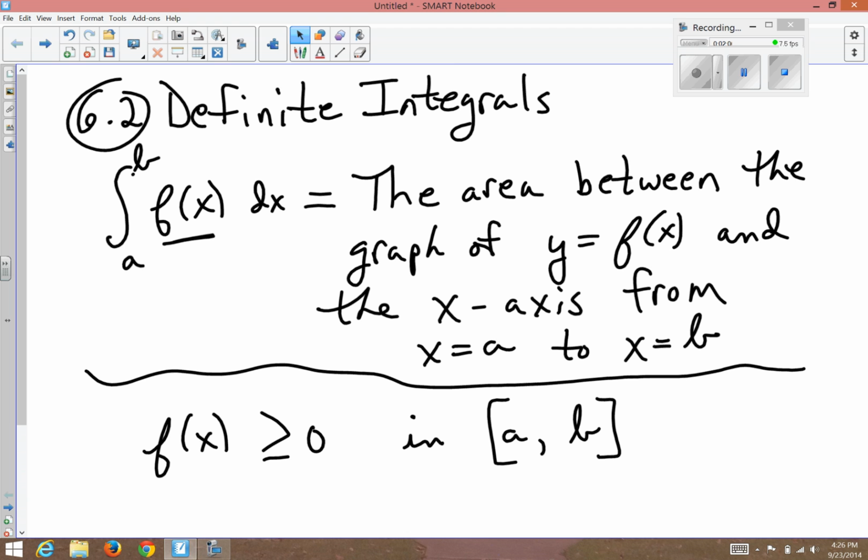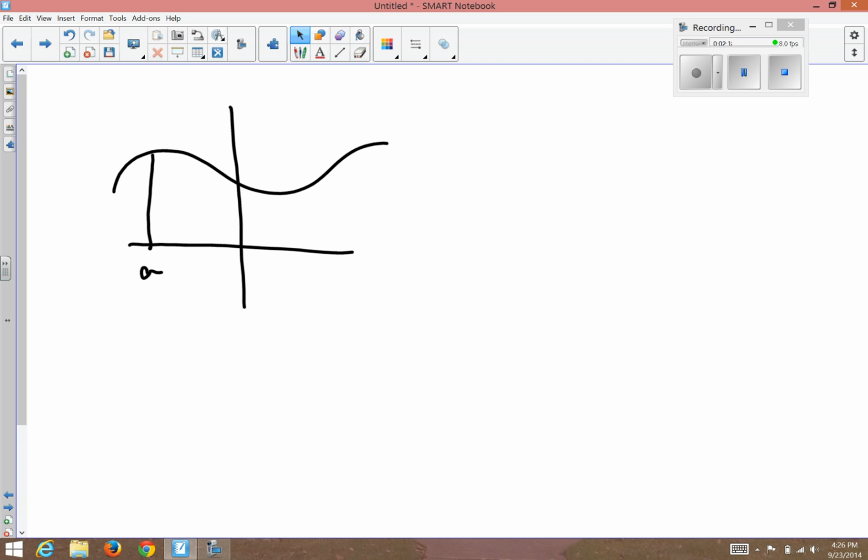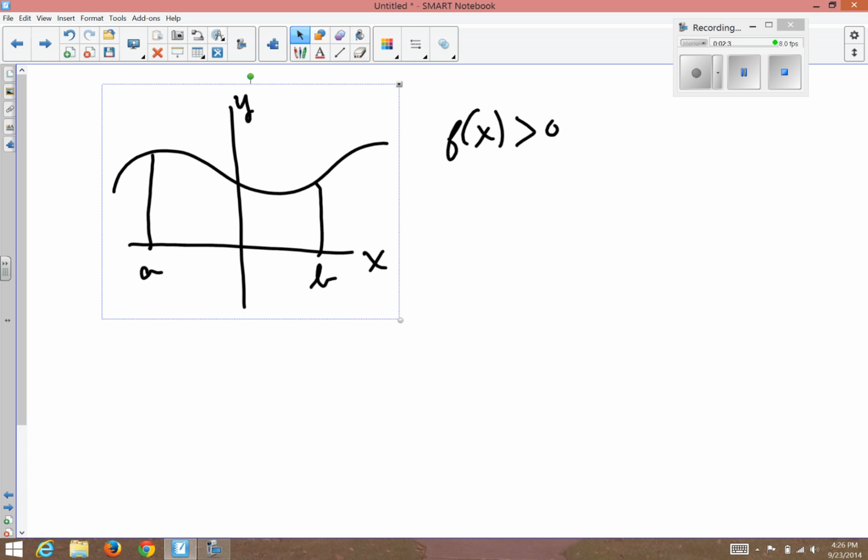So this all comes from the Riemann sums in the previous section. So we have any function of x, say it's like this. Suppose x equals a is here on the x-axis, and x equals b is here on the x-axis. This entire function is above the x-axis. That means greater than 0 from a to b.